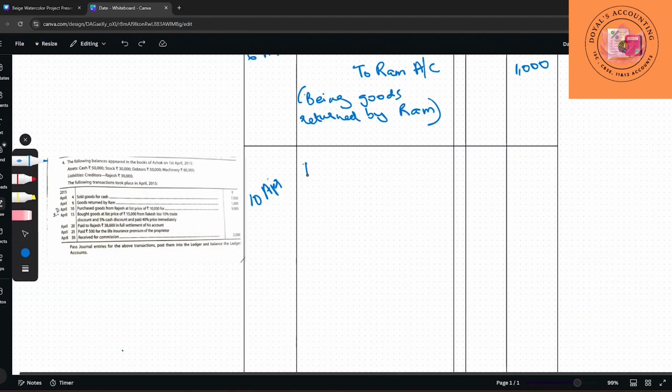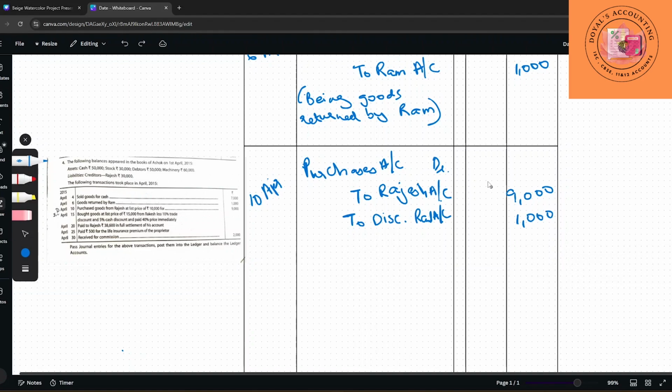So we will write purchases account debit to Rajesh account 9,000 and to discount received account 1,000. And in purchases, we'll have a total of 10,000. The narration will be being goods purchased from Rajesh and a discount of 1,000 received.